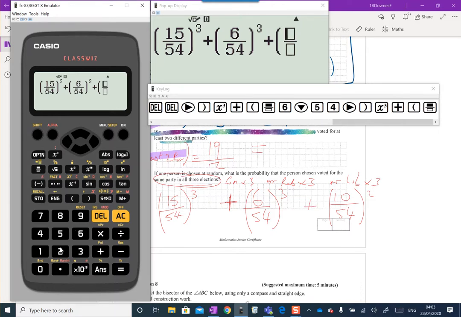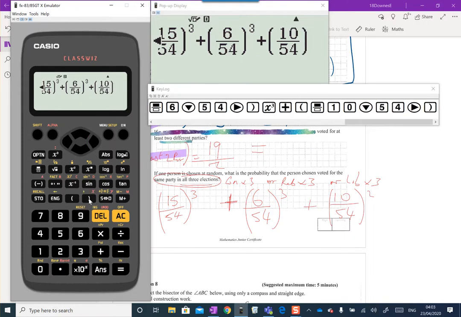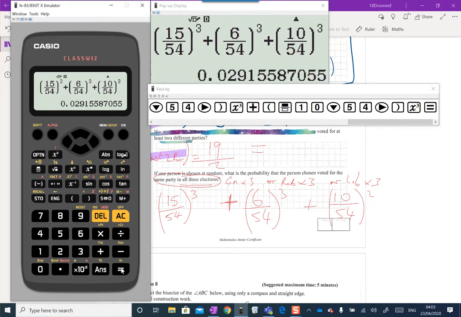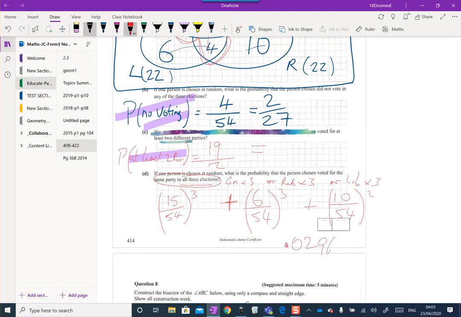Mind you, the next thing I'm going to show you will avoid all those key presses. That's cubed. Okay. So 0.02916. And that's the probability, and that's correct.